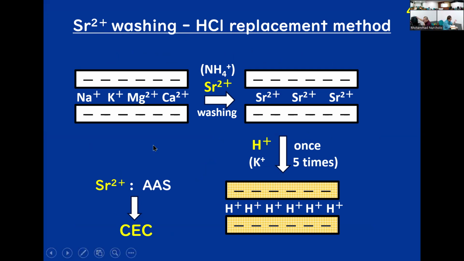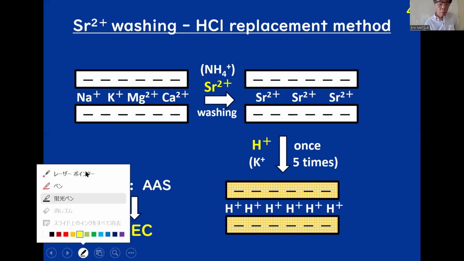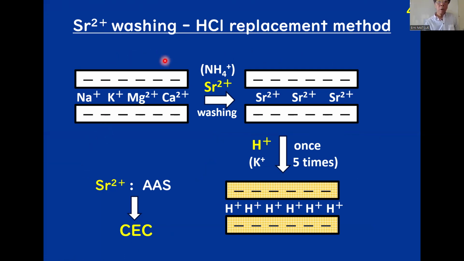So at first, this is a soil. Soil has negative charge, and cations are absorbed to compensate the negative charge. The amount of negative charge is the cation exchange capacity.